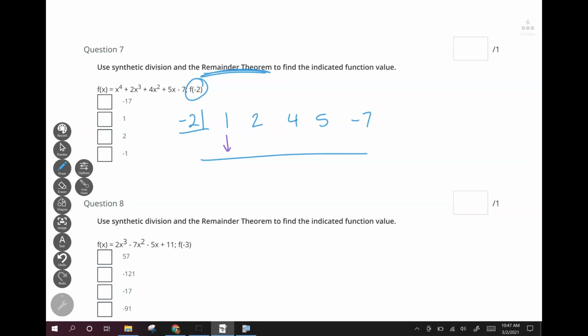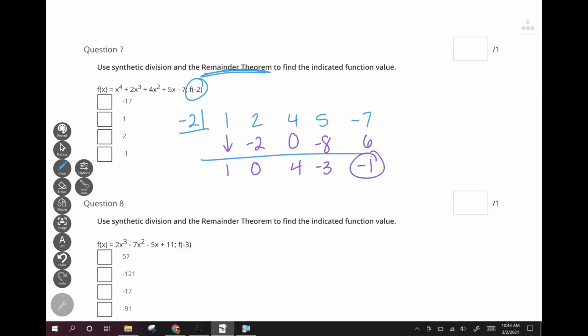Okay, we're going to drop this 1, multiply. -2 times 1 is -2. Add. 2 plus -2 is 0. Multiply. -2 times 0 is 0. Add. 4 plus 0 is 4. Multiply. -2 times 4 is -8. Then we will add, multiply, and add.